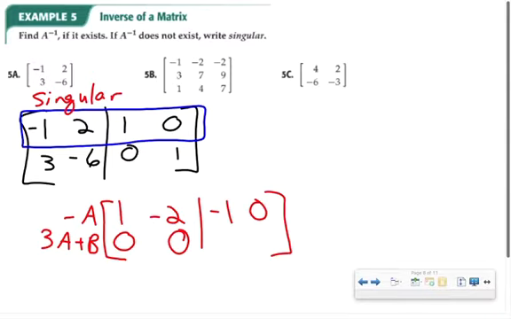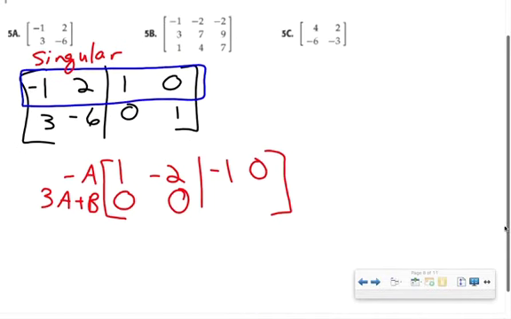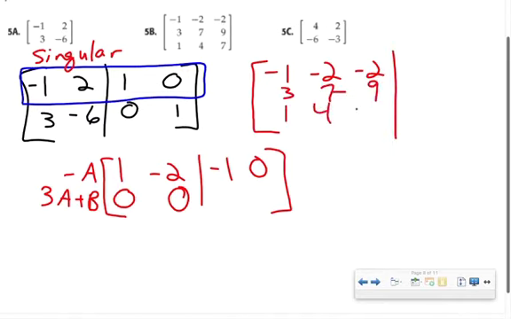In part B, I'm going to start with the -1, -2, -2, 3, 7, 9, 1, 4, 7. And on the right side of the bar, I've got the identity matrix.